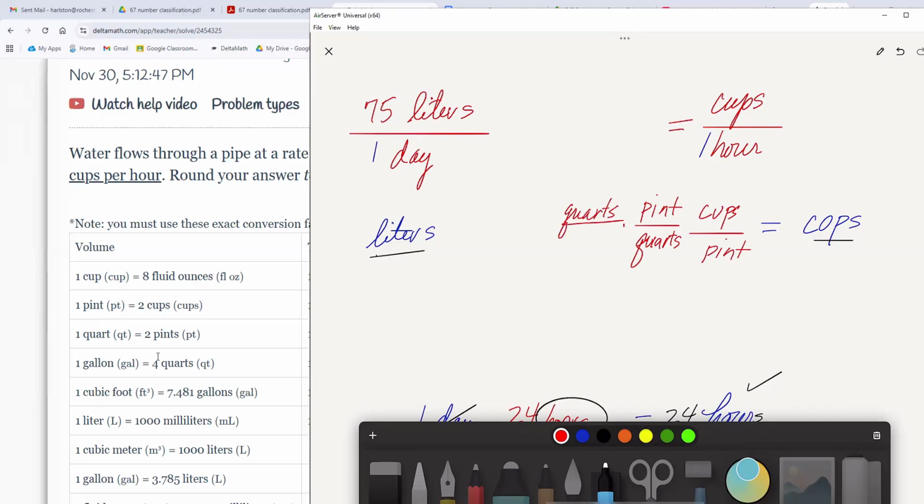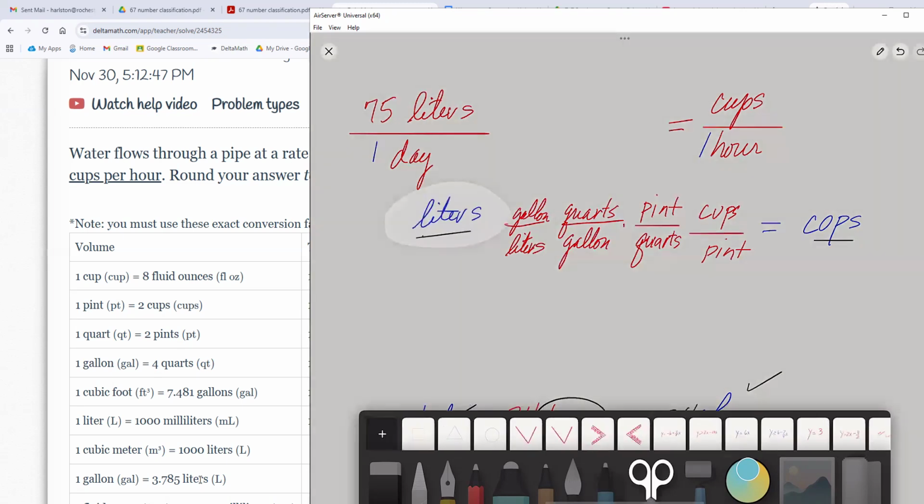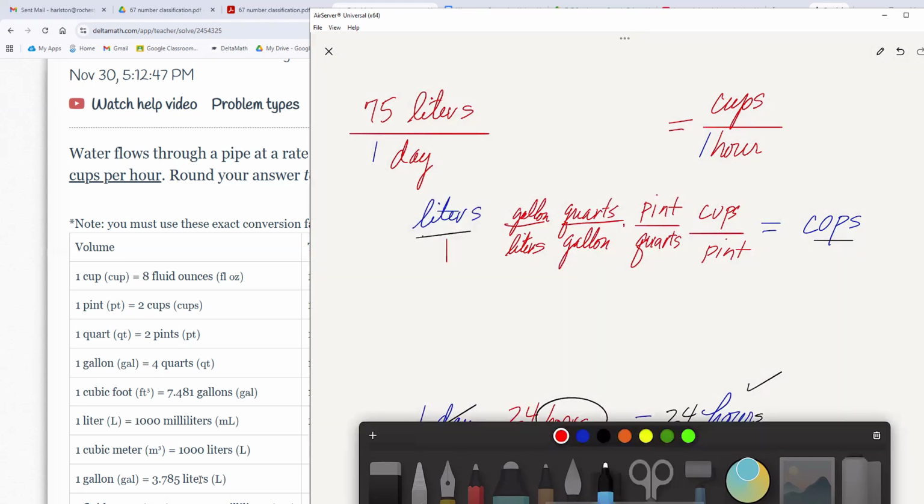I just have to go back and get those. And then I'm going to go from gallons to liters. So I'm going to say 1 gallon is equal to liters. Now I've got my conversion. I'm going to move this over a little bit because I'm going to use it now. And then I'm going to make this into a fraction. I put it over 1. So here's what I want you to see.